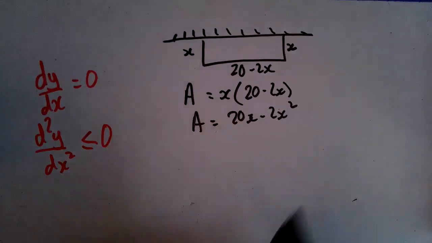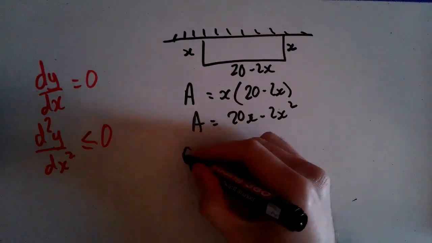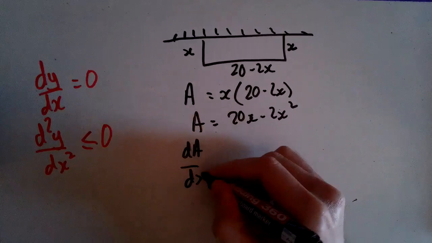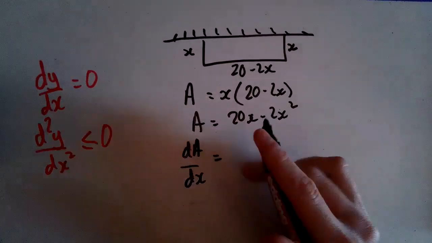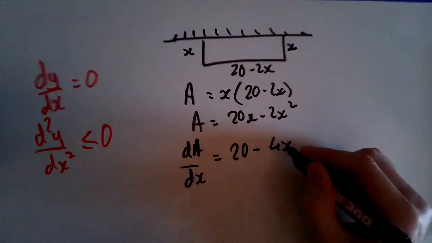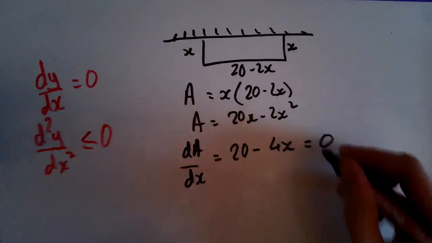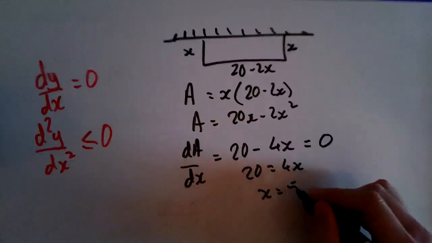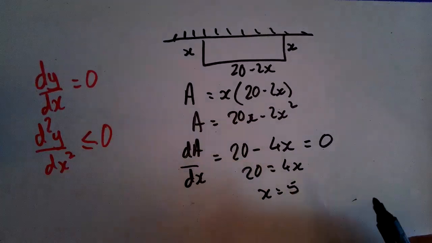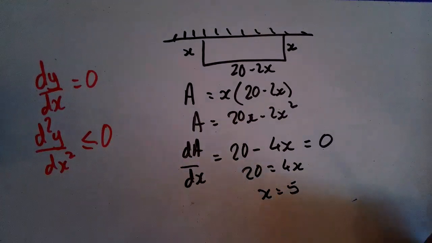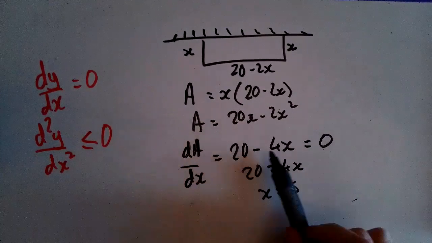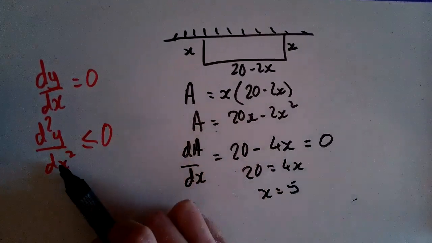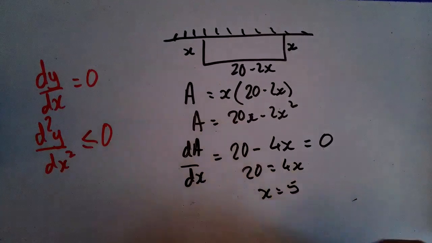So if I differentiate it, dA by dx, I get 20, take away 4x. And if I make that equal 0, I get 20 equals 4x, so x is 5. And that's my only answer. But if you really want to check it's a maximum, you could differentiate that again and just get -4, which is automatically less than 0, so it automatically is a maximum.